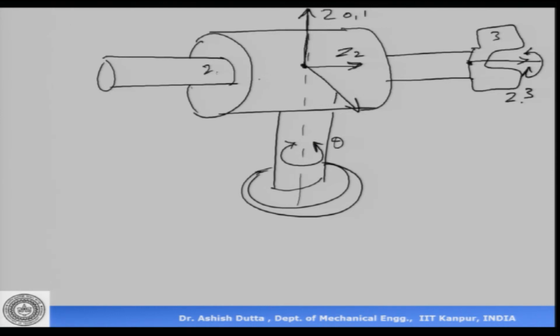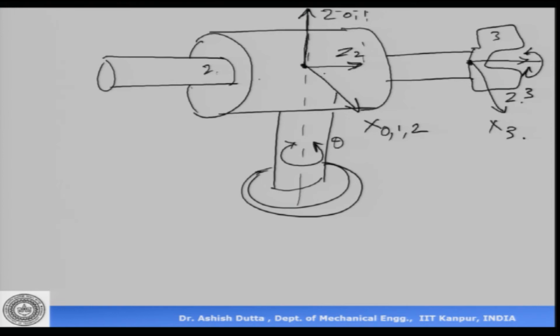So which is the plane containing the z's? This plane is the one containing z's, so x has to be perpendicular to that. So we put all our z0 x0 x1 and x2 on the same axis, and they are perpendicular to the plane containing the z's. The x3 we can put it here, which is along with this, right. So this is an example to show where the z's are intersecting.